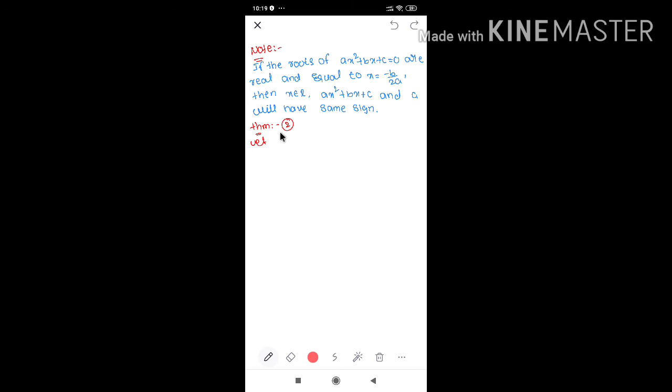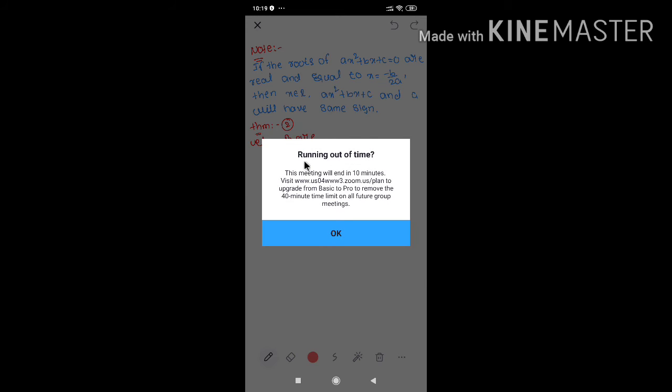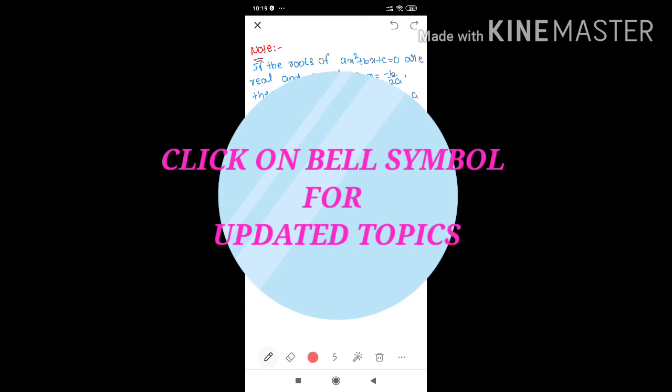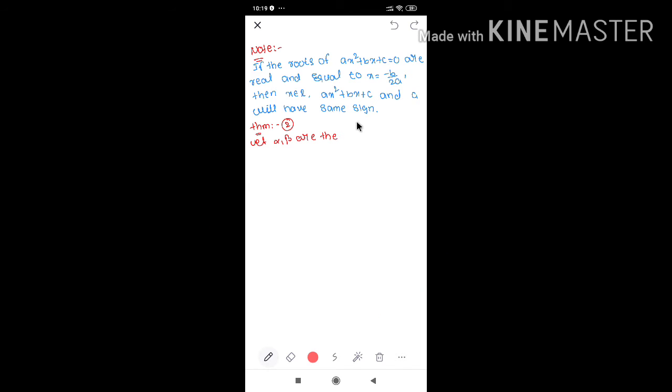Let alpha comma beta be the real roots of ax square plus bx plus c is equal to 0 and alpha is less than beta.